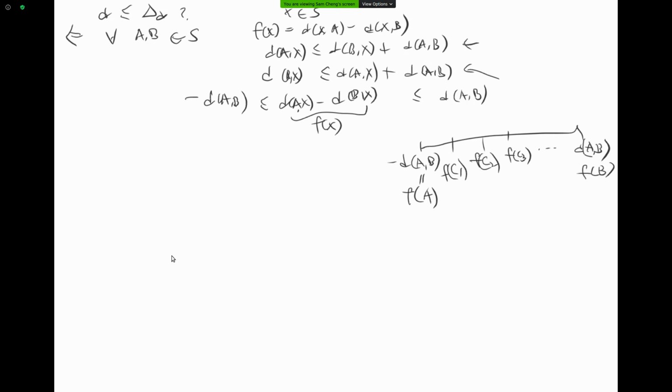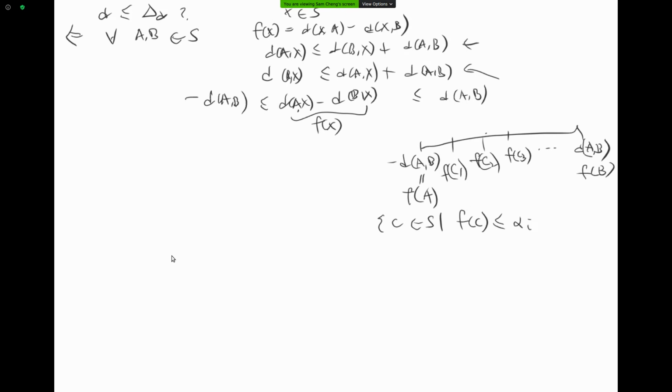Now if I pick any c_i, any member in the middle, let's consider two sets. For all the members in S such that f(c) is less than or equal to alpha_i.